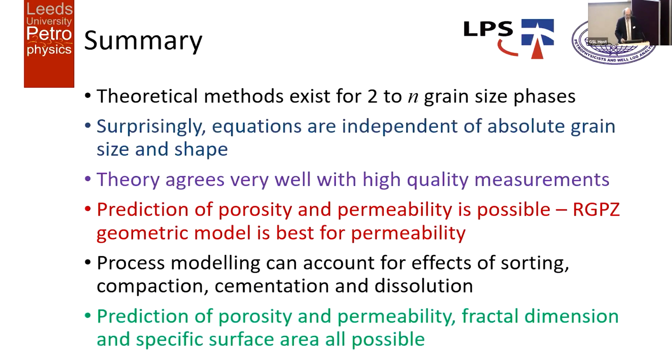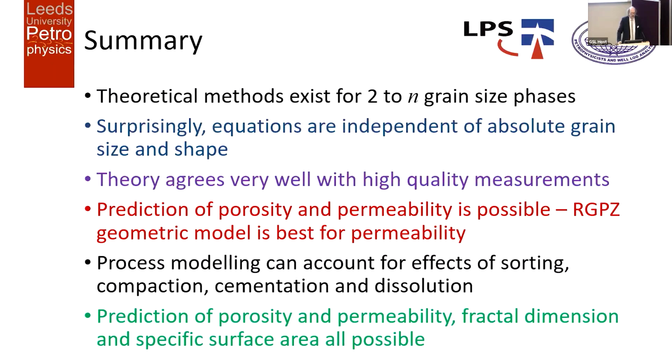So, just in terms of summary, I'd like to say that theoretical methods do exist for 2 to n grain size phases. And surprisingly, the equations are independent of absolute grain size and specifically grain shape, which is very useful indeed.